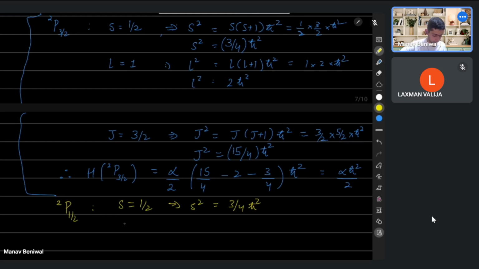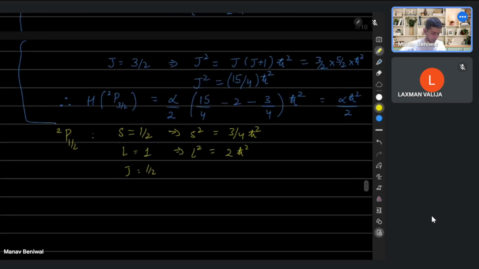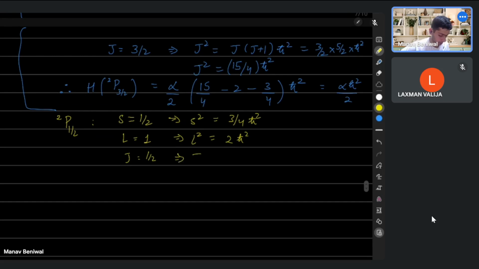L is 1, so our L squared will again come out the same, which was 2 h cut squared. But now j is half instead of 3 by 2, so our j squared will change. Our j squared will now become 1 by 2 into 3 by 2 into h cut squared, which is nothing but 3 by 4 h cut squared.